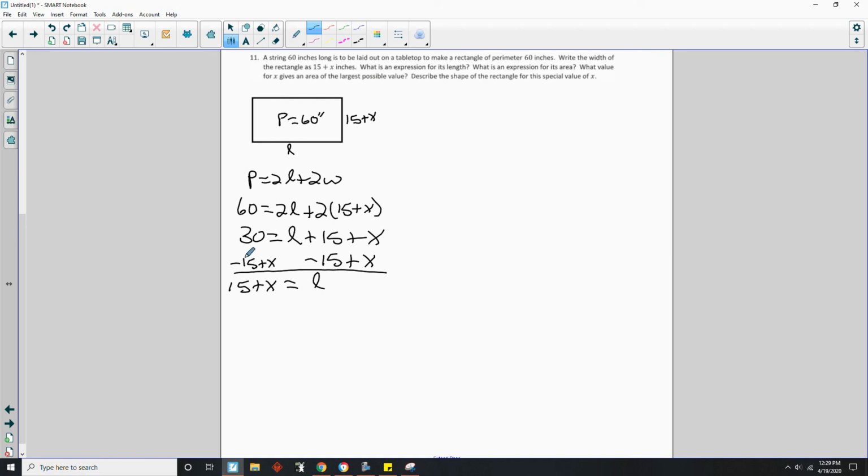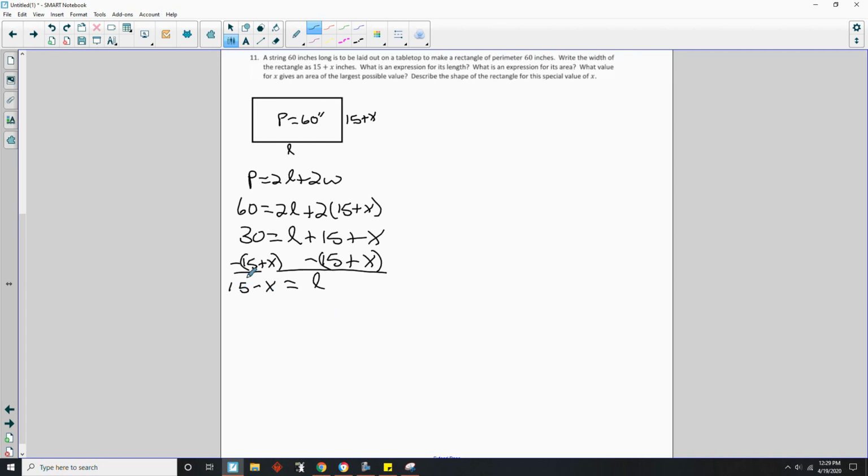Oops, careful. Subtract 15 plus x like so, and that would be 30 minus 15 minus x, distributing our negative. So that would give me 30 minus 15 minus x.